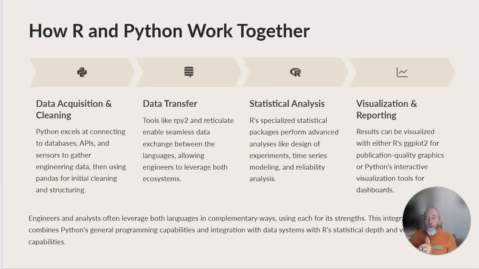Now, there are two statistical programs that are very important. Some people might use a commercial one like Minitab or something like that, but we use R and Python. They're both free, they're both open source, they're both used by thousands and thousands of scientists and engineers. And if you don't know R, don't worry, because if you know Python, you can use RPy2, which is the R library for Python, to do what you want to do.